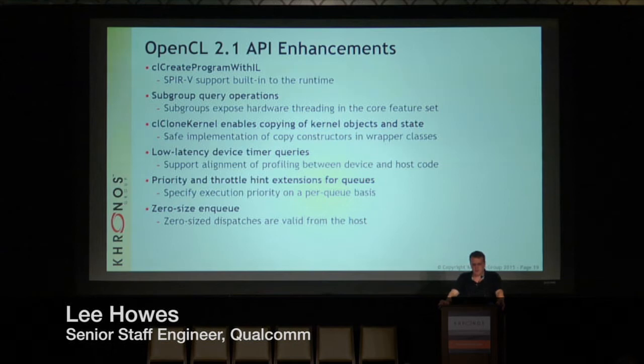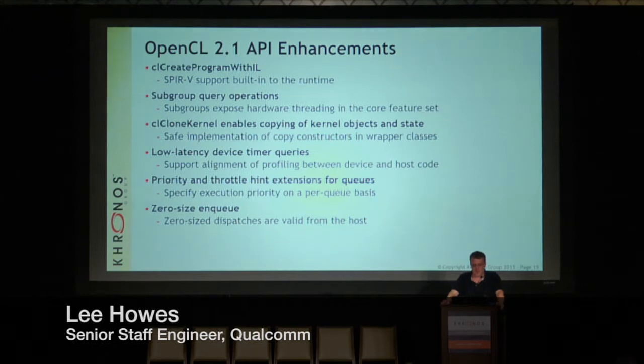We've added subgroup functionality into the core, and I'll explain what these things mean. We've added the ability to copy kernel objects with their state. We have device timer queries. It was quite difficult in the past to be able to understand exactly what the results of timer operations meant on a device that didn't have the same timer as your core CPU.